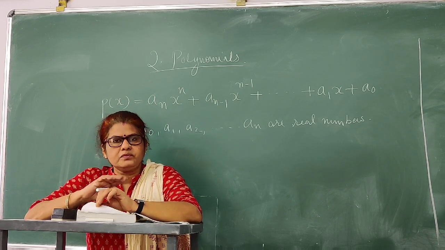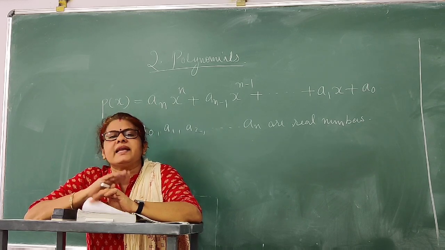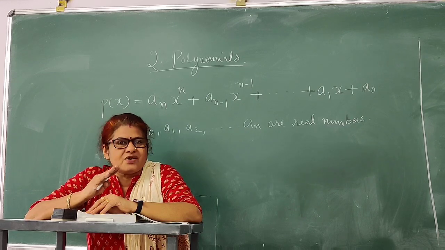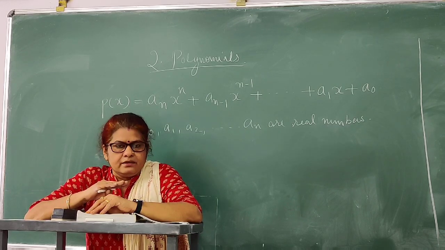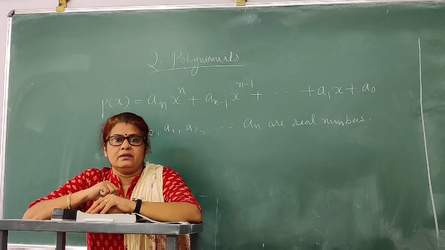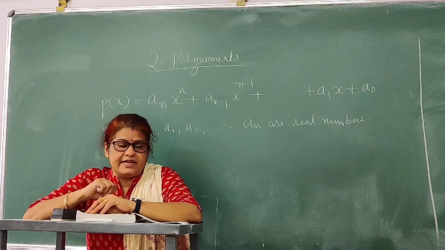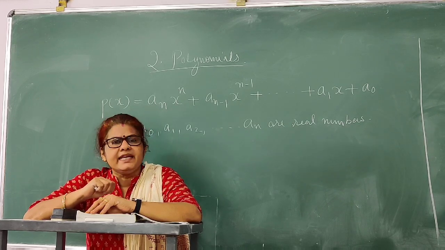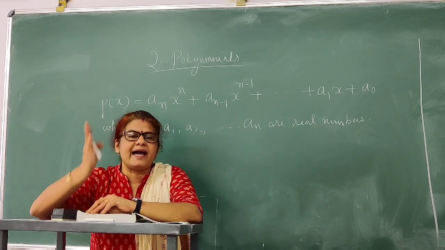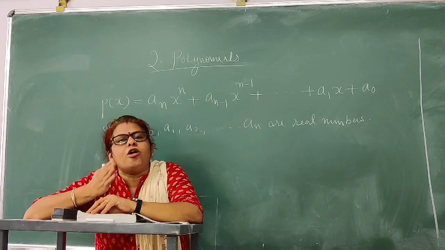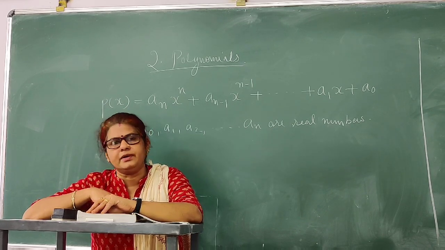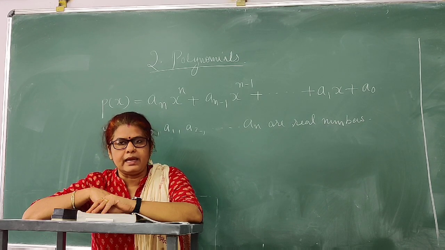And here, this year, the classification we study is not on the basis of the number of terms. Instead, it is on the basis of the degree of the polynomial. And what do you mean by the degree of a polynomial? You know that the highest degree of the variable in a polynomial is known as the degree of the polynomial.